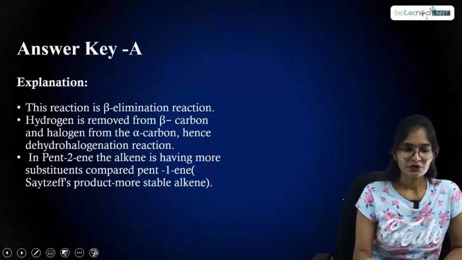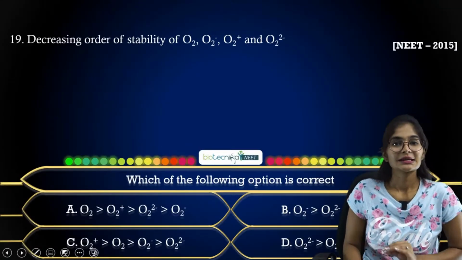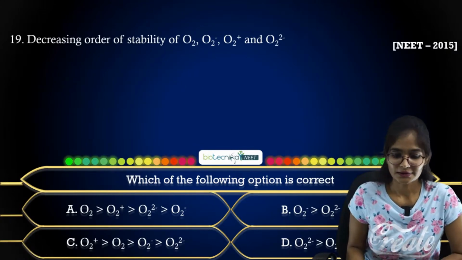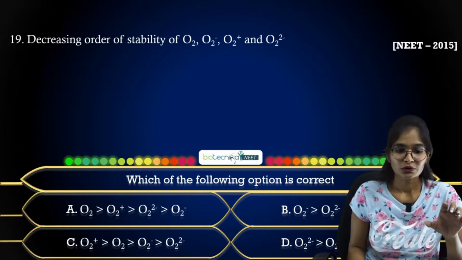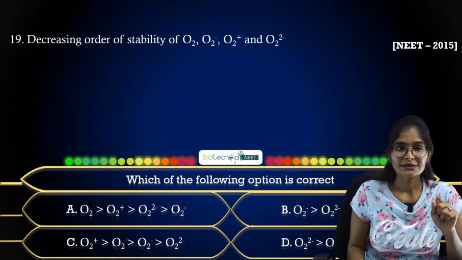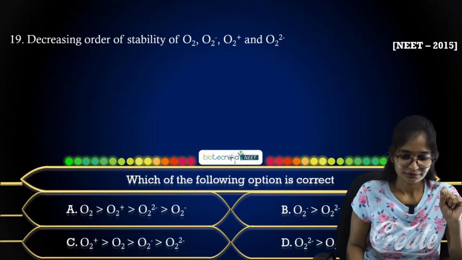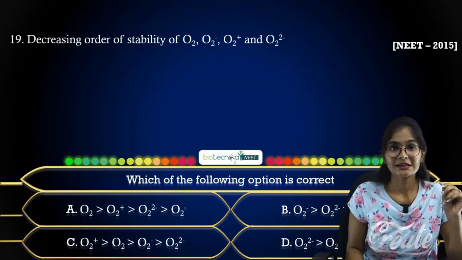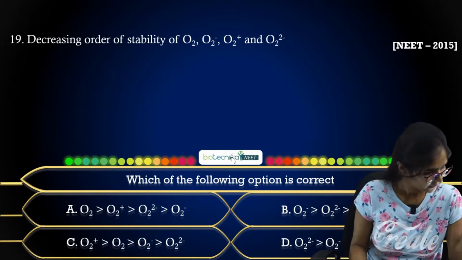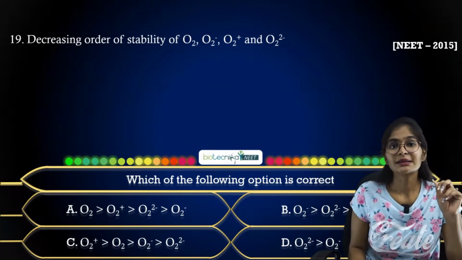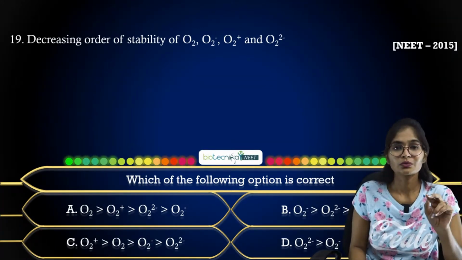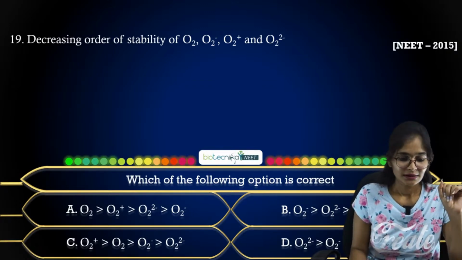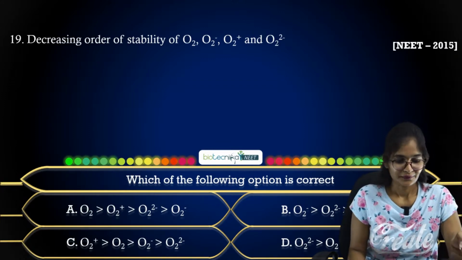Now coming to the next question, the decreasing order of stability of O2, O2 minus, O2 plus and O2 2 minus. Just let me know what answer you will get. Here you have to calculate the bond order for O2, O2 plus, O2 minus and O2 2 minus, and then you will get the answer.